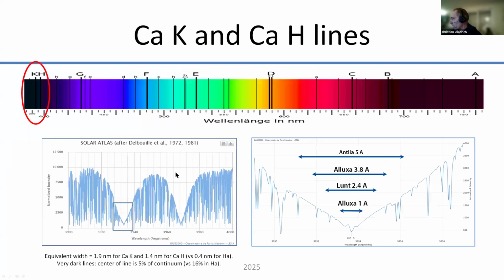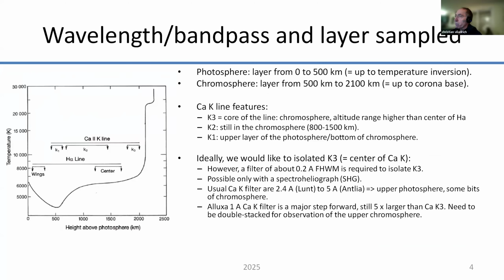We would like a very narrow filter to isolate this. Unfortunately, this is not feasible because the filter would have to be 0.2 angstrom, which is simply impossible. The only way to do it is with spectroscopy.